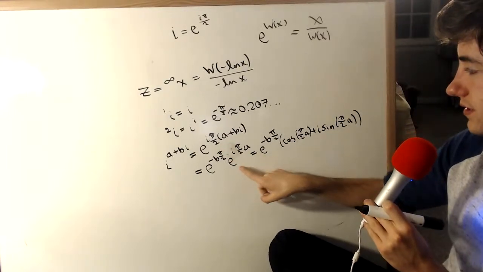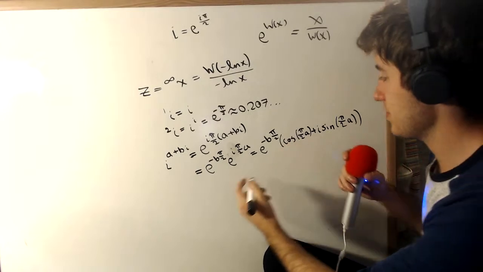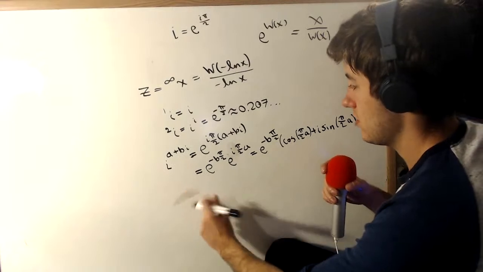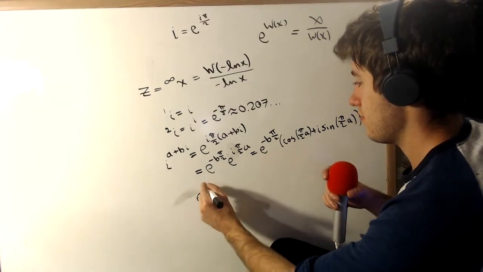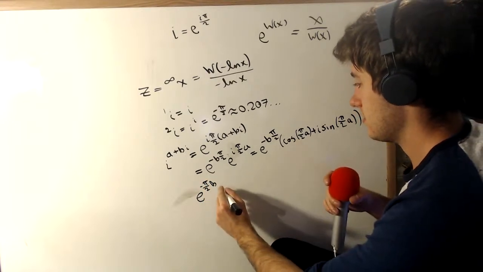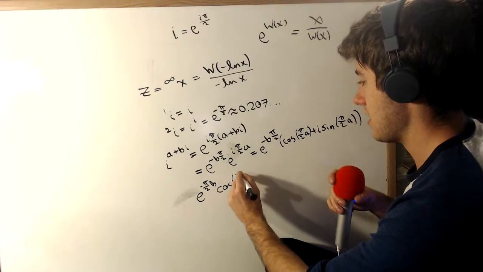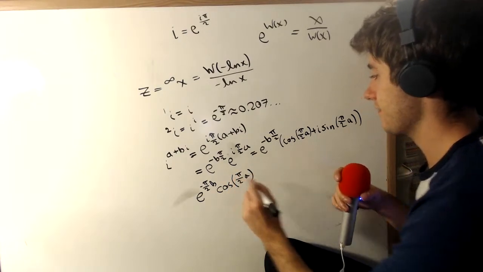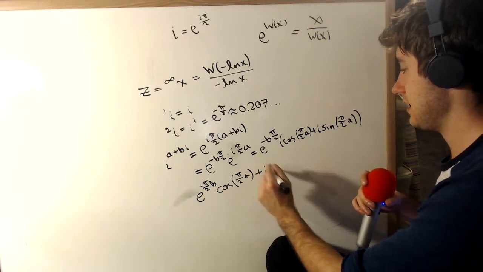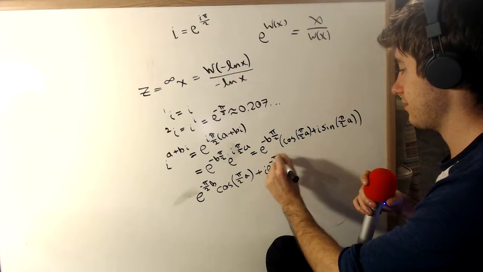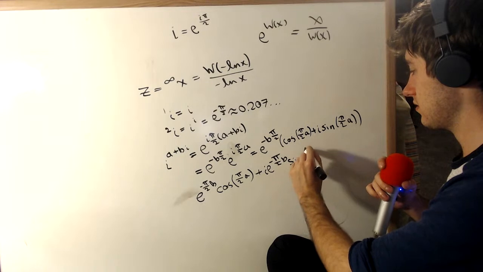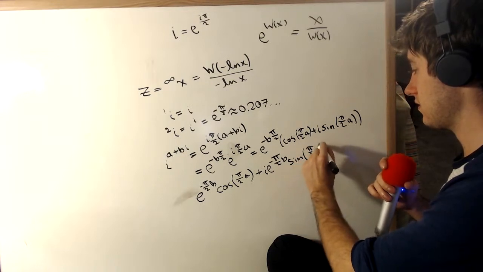Simply distributing the terms in, the real and imaginary parts of this new number are e to the negative pi over 2 times b, all times the cosine of pi over 2 times a, plus i times e to the negative pi over 2 times b times the sine of pi over 2 times a.